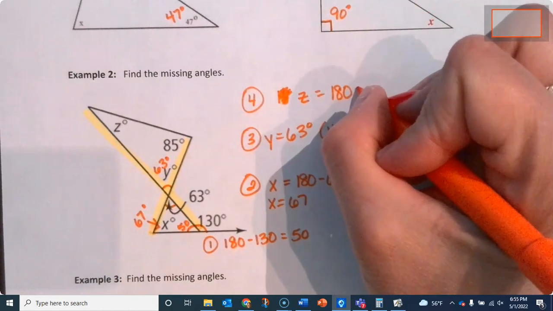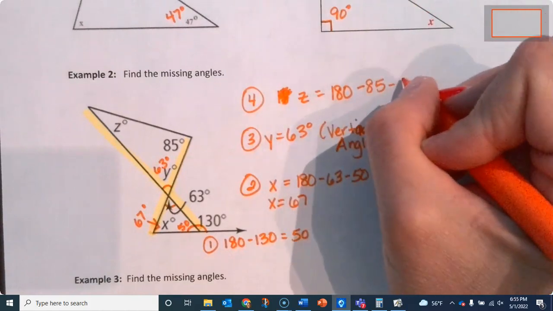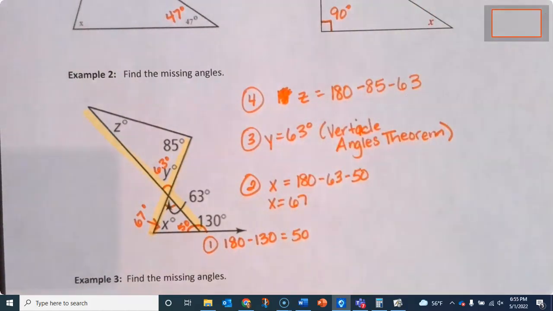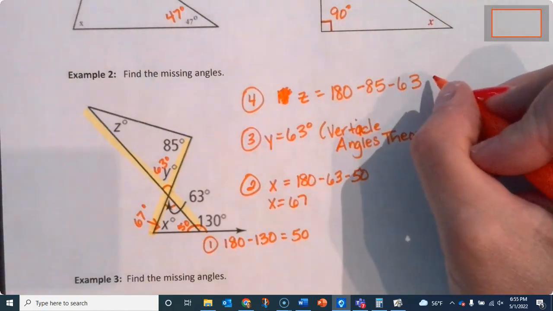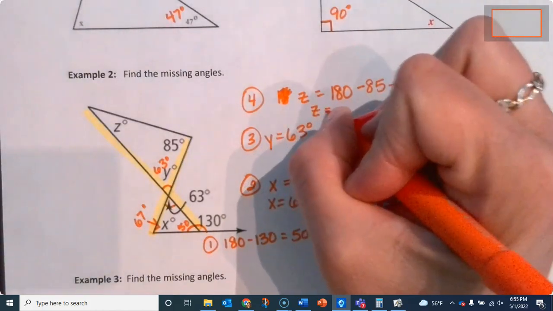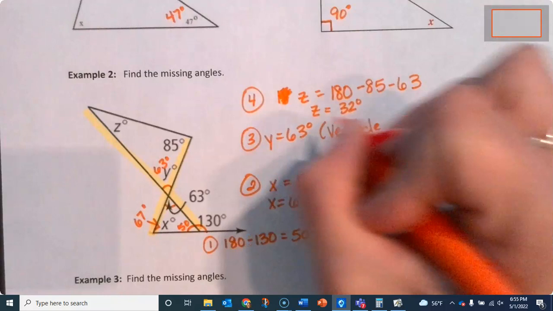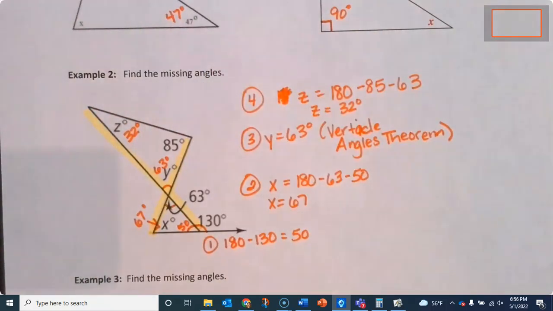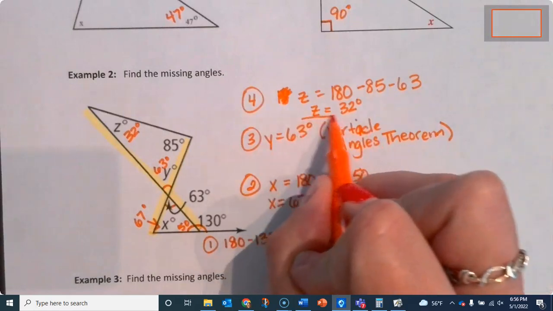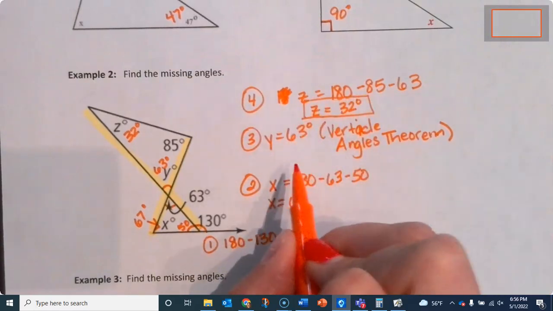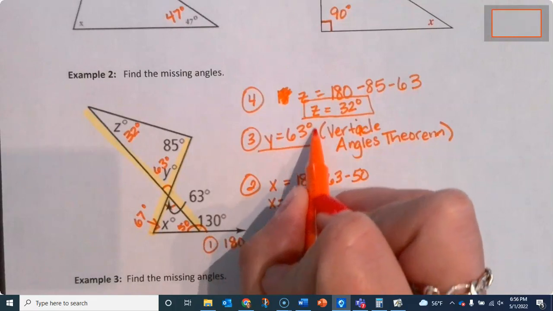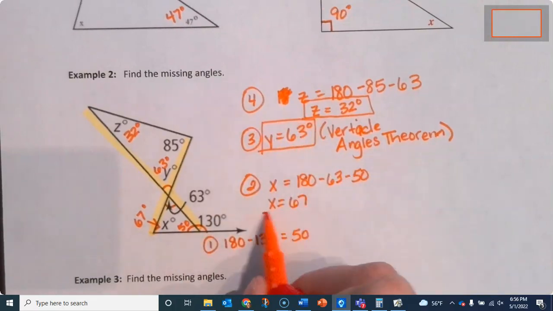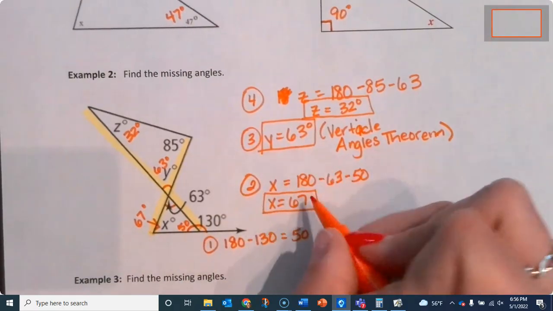So Z equals 180 minus 85 minus 63. We get 32 degrees. So now we know all the angles. So Z was 32, Y was 63, and X was 67.